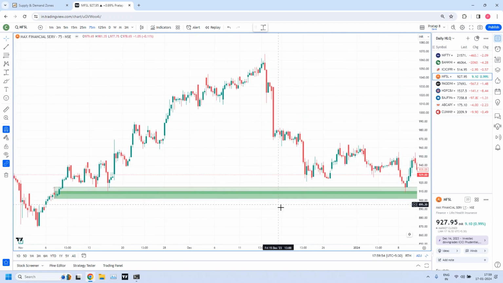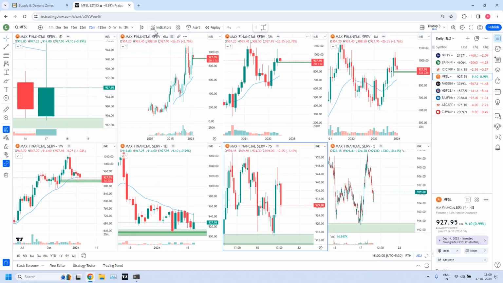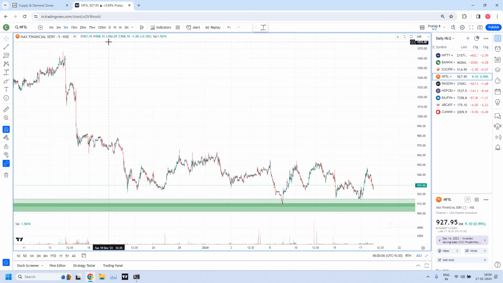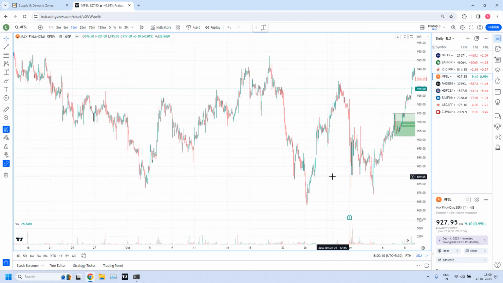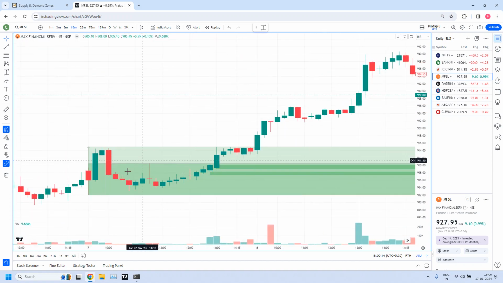This 75-minute zone we want to fine tune to the 15-minute level. So go to the 15-minute level and check if there are any 15-minute zones. See the structure here.